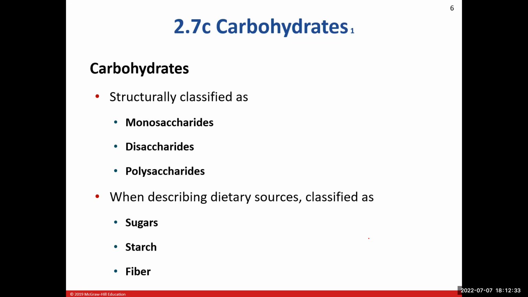Okay, so let's talk about, this is a blast from the past, carbohydrates. A lot of this we've already covered in the first part of our anatomy and physiology course from chapter 2, but let's go back and discuss what carbohydrates are. We classify them into three different categories: monosaccharides, also known as simple sugars, disaccharides, and polysaccharides. Carbohydrates come from a couple different types of dietary sources.